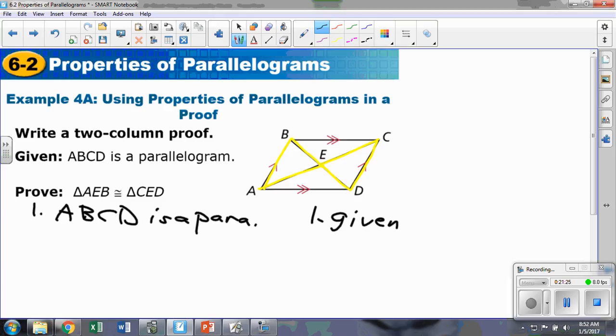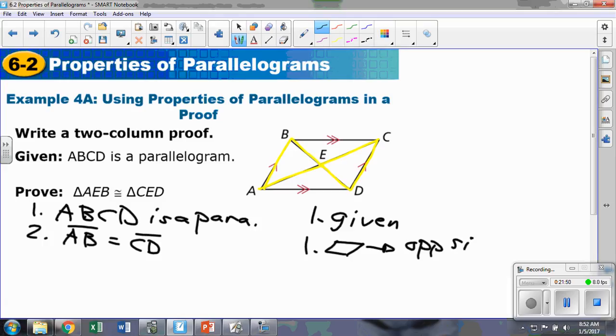In particular, we know the left side is going to be congruent to the right side. AB is congruent to CD because parallelograms tell you opposite sides are congruent. That's one.